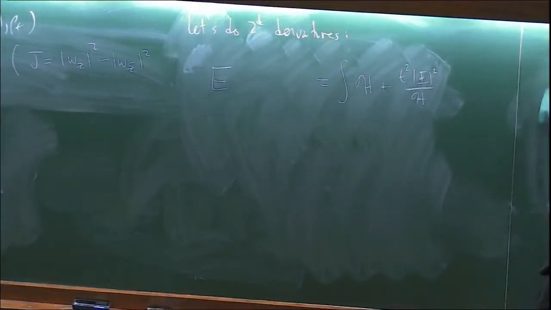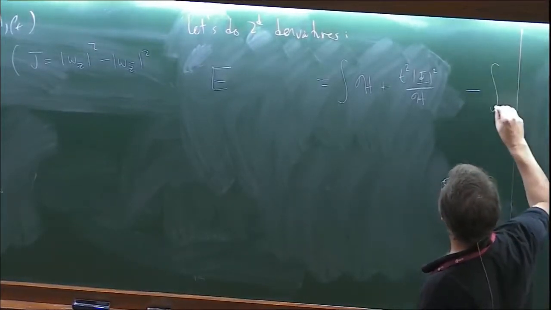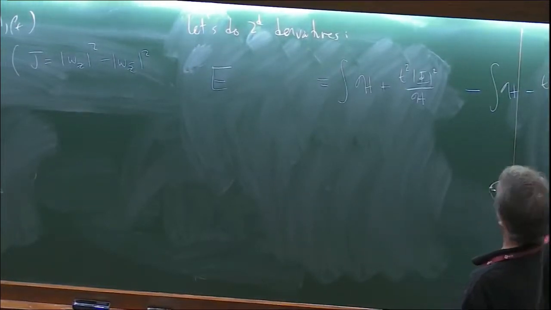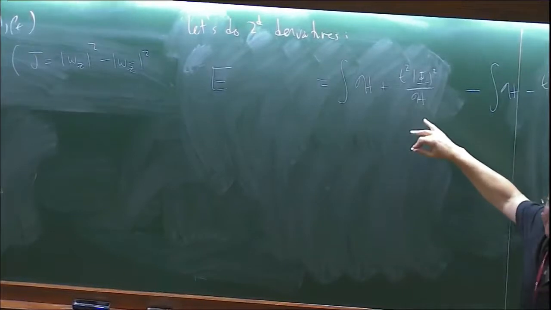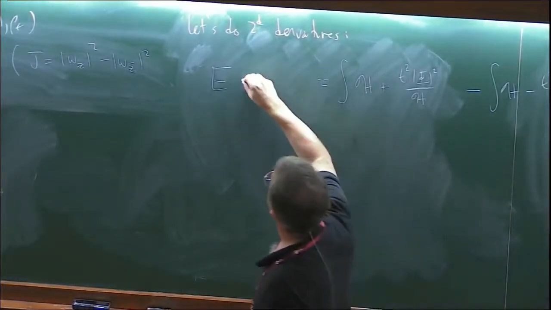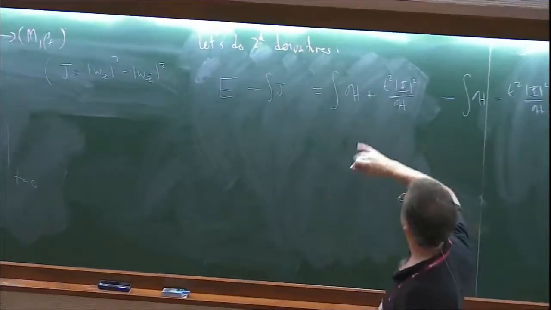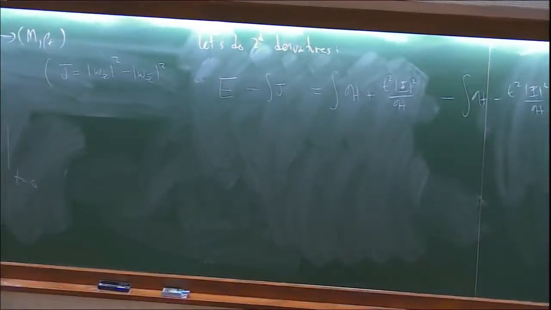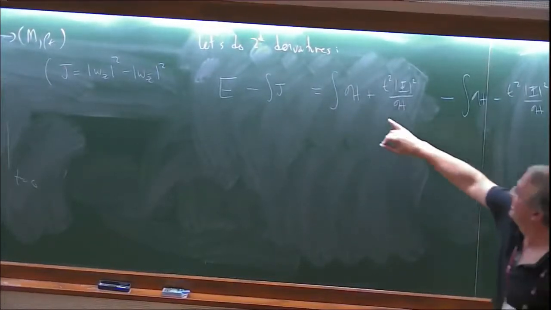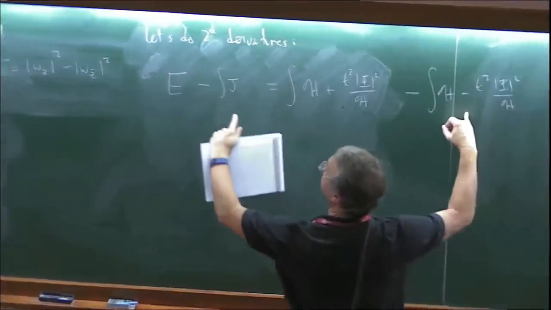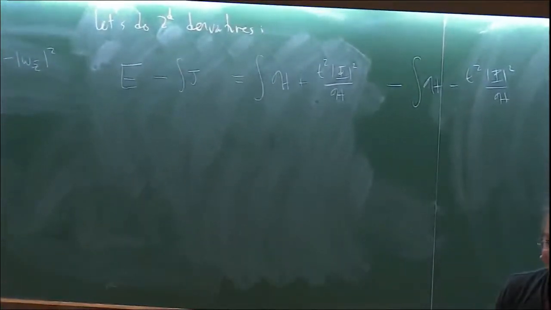And I have said that the Jacobian is h minus t squared v squared over h. This is the total energy. If I take off the Jacobian, well, I'm going to integrate the Jacobian. Does that make sense? Here the integral of the energy density is the energy. The integral of the Jacobian is the integral of the Jacobian. Okay?